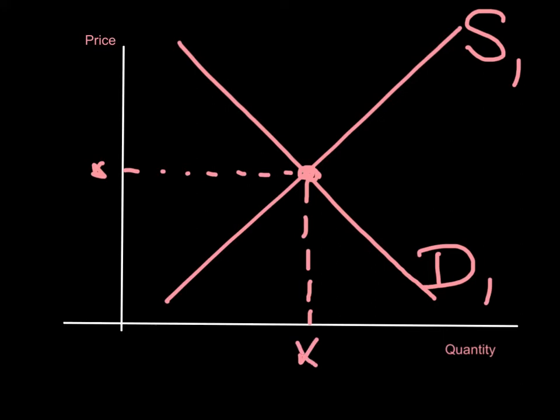So let's take a look at the first change, and the first change has the price of a competing smartphone increased. So a substitute product has seen an increase in its price. That means that fewer people are going to buy the substitute product, and it's going to make it more attractive for our Nokia phone that we're graphing here.